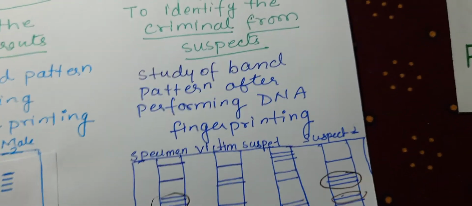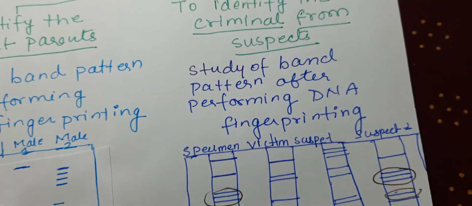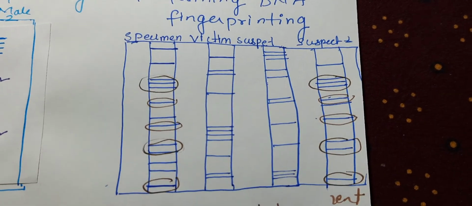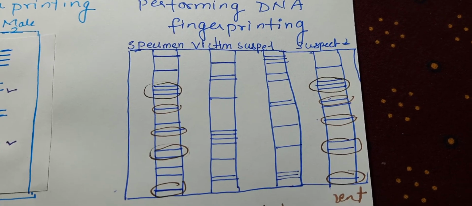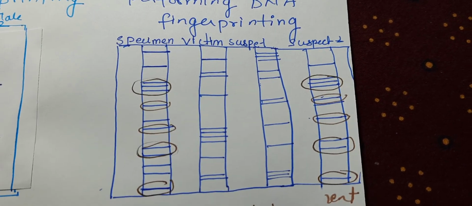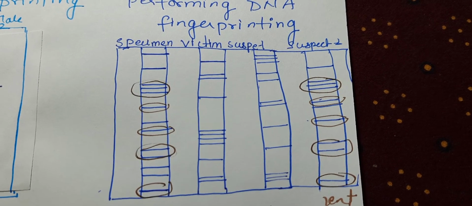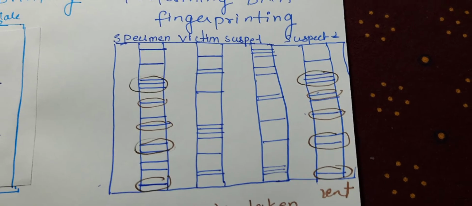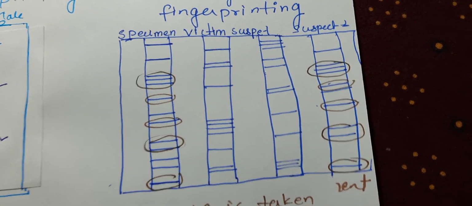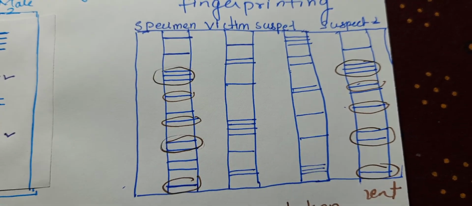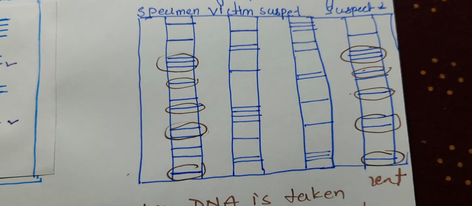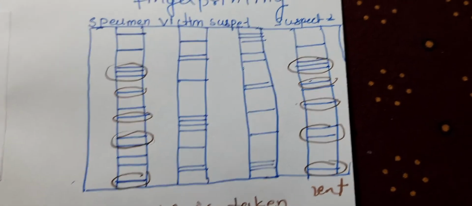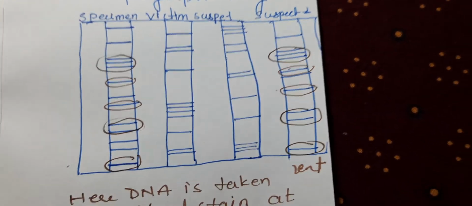Similarly, when there is a crime scene, some murder or something like that, we run the DNA fingerprinting of the specimen, the victim, and however many suspects there are. The specimen is the standard DNA, then suspect 1 and suspect 2.